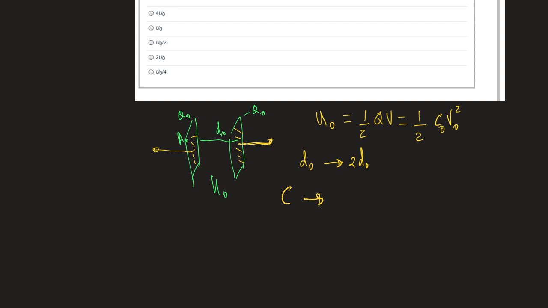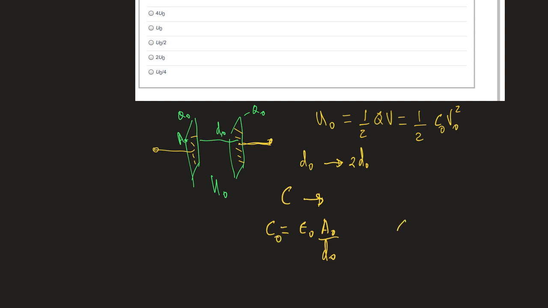Here there is no dielectric that we insert. We only change the distance d0. The capacitance is epsilon 0 A0 divided by d0. This is the initial capacitance.